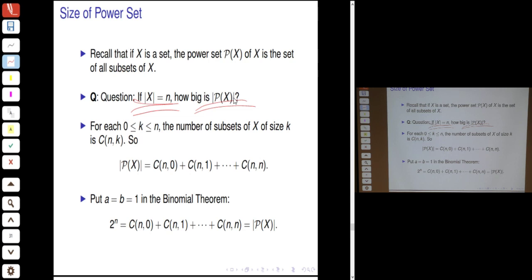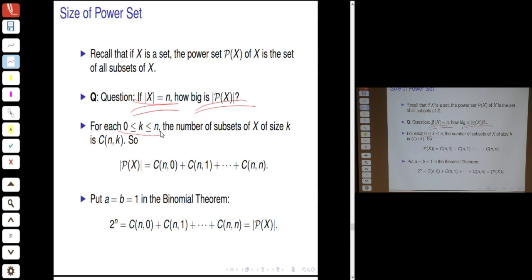So let's think of this problem. If you want to count the total number of subsets of a particular set, then for every subset there is one simple parameter you can look at, which is the size of that subset, and this size can vary anywhere between 0 and n, because you are looking at subsets of a set of size n.